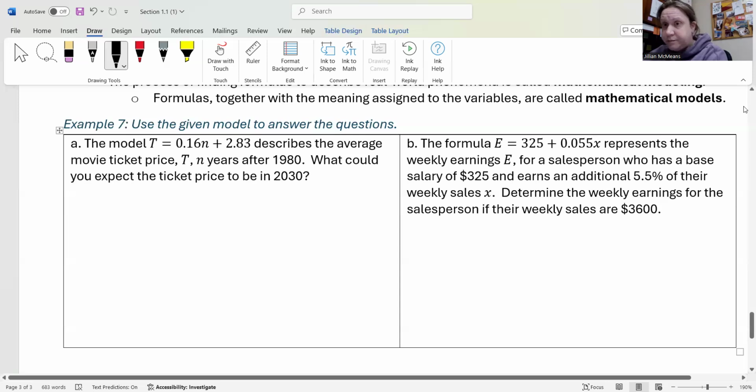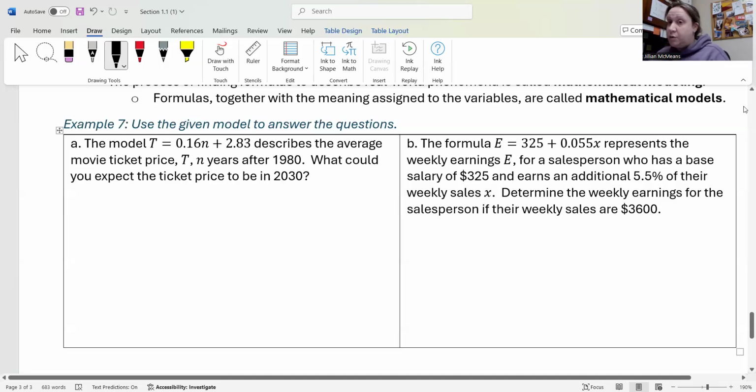We know that ticket prices vary greatly depending on where you're at, economic situations, what day you go to the movie, or what time of day, matinee versus evening. So this is not going to be an exact science, but given this formula, what could we expect the ticket price to be in 2030? Now, remember, N is the number of years since 1980.